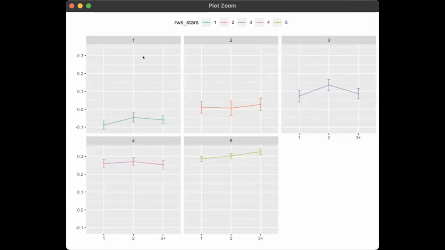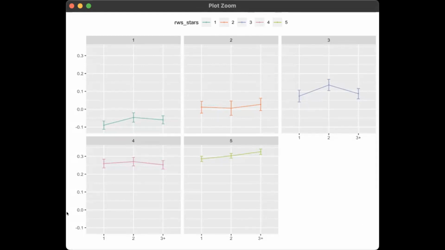It breaks down by review star rating 1, 2, 3, 4, 5, and the colors represent the star rating as well. The x-axis is the three price levels: one, two, three, or four dollar signs. And the y-axis is the average sentiment.